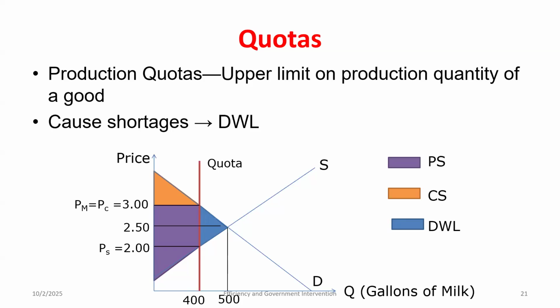Quite often, we don't put quotas on our domestic firms. We do it to whom? We say we can only import a certain amount. So usually quotas are put on non-domestic, or we think about foreign markets. We're only allowing a certain number of that good to come into the country. So here's what a quota would look like.